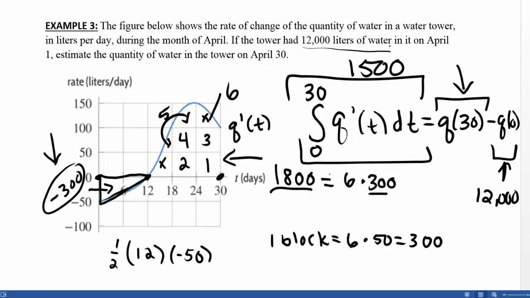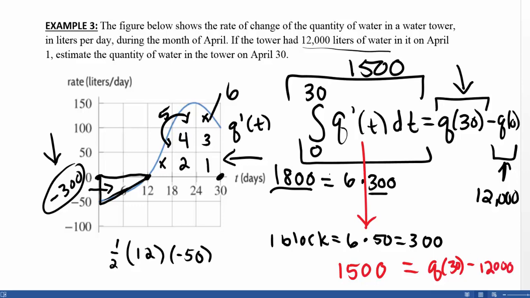So I've changed by 1,500 liters and I started with 12,000 liters. Now putting everything together, I'm going to line up my equation here. I have 1,500, which is my integral, equals Q of 30 minus 12,000.